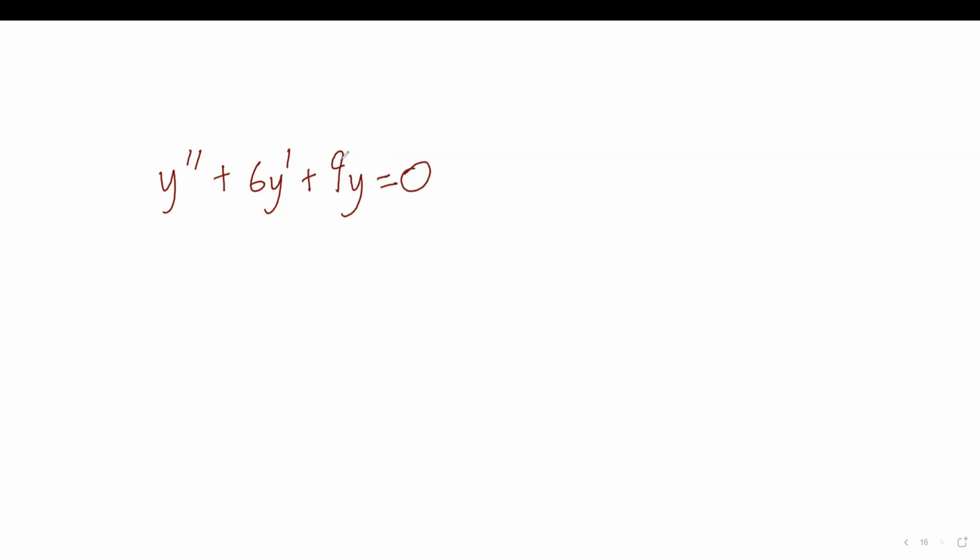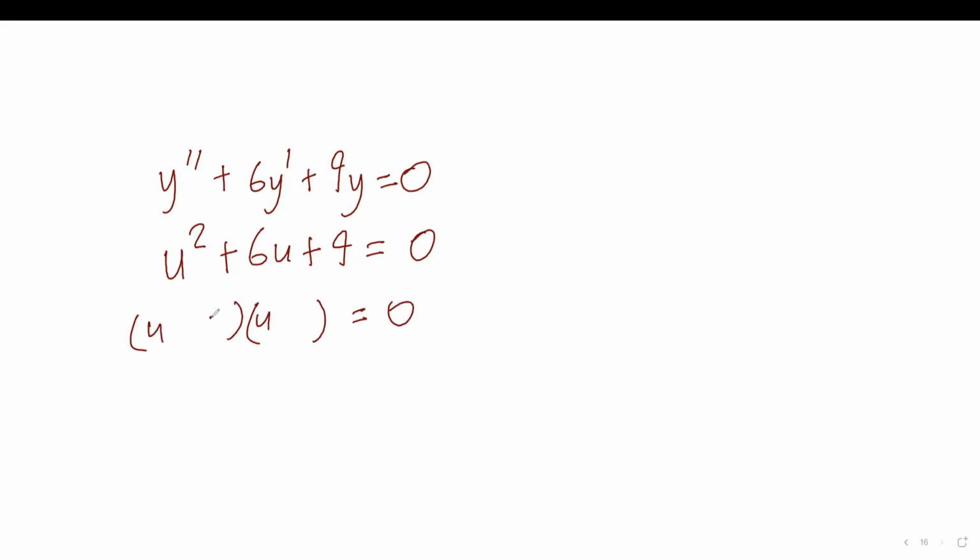That's what we have to solve. So let's write down our characteristic equation. This is u squared plus 6u plus 9 equal to 0. We can factorize it. The signs are the same, both of them positive, 3 and 3, plus and plus. So u equals minus 3 repeated.